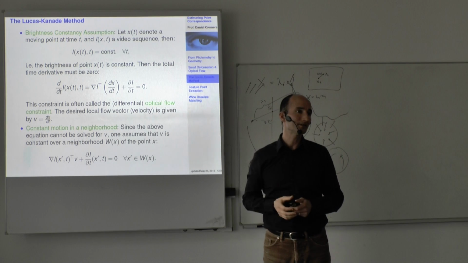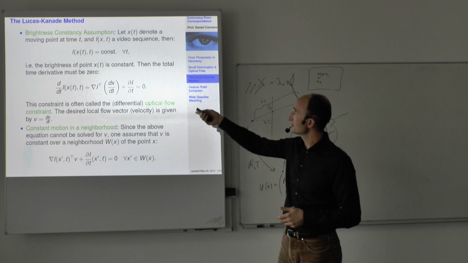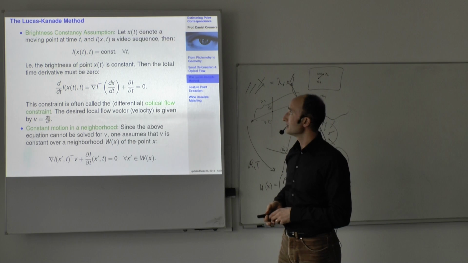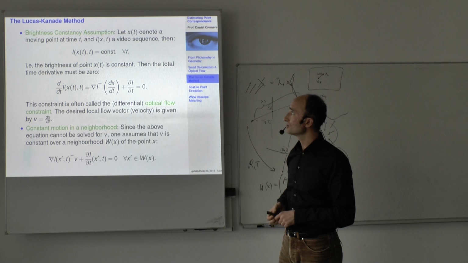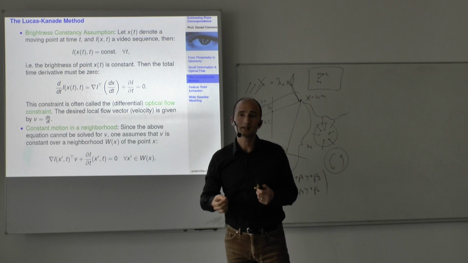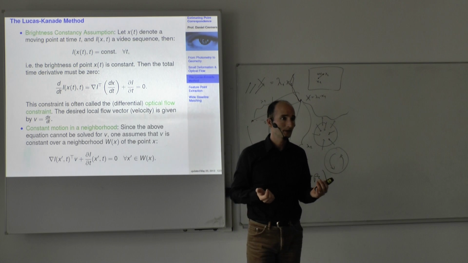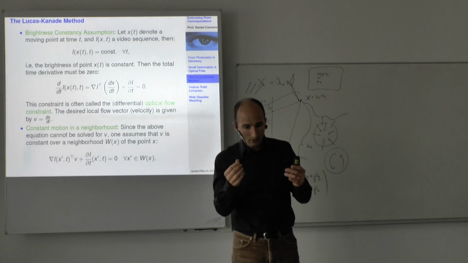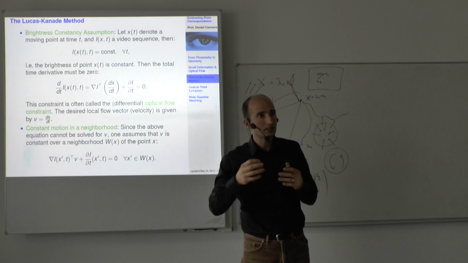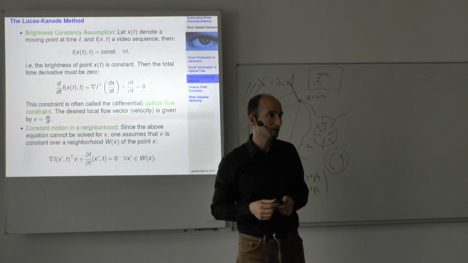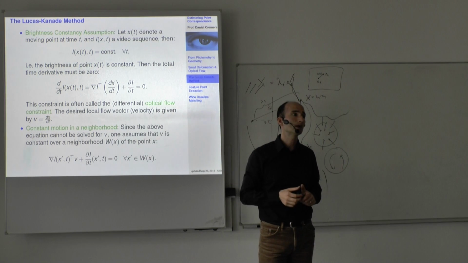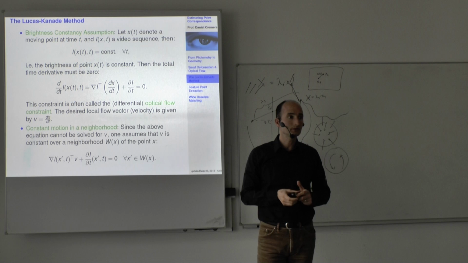The same points have different brightness. And so this assumption is not valid. Nevertheless, we make use of it, and the idea is that it holds approximately. But we saw also that if you have shiny objects and you change the viewpoint, then the colors can change as well. So there are many reasons why brightness constancy is not exactly fulfilled.